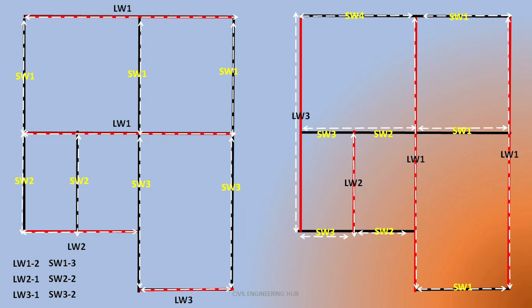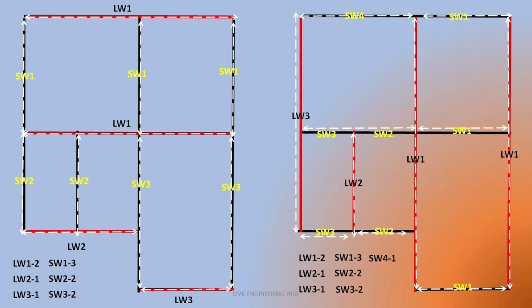And in the short walls, we have short wall 1, 3 numbers, short wall 2, 2 numbers, and short wall 3, 2 numbers. For this particular structure, we have long wall 1, 2 numbers, long wall 2, 1 number, long wall 3, 1 number, short wall 1, 3 numbers, short wall 2, 2 numbers, short wall 3, 2 numbers, and short wall 4, 4 numbers.